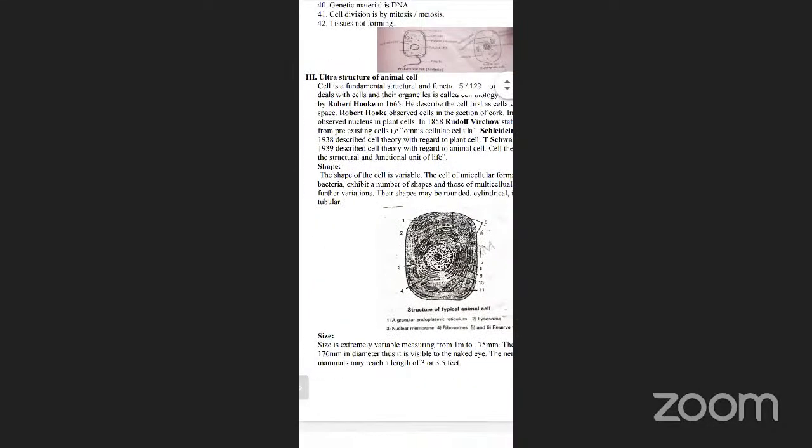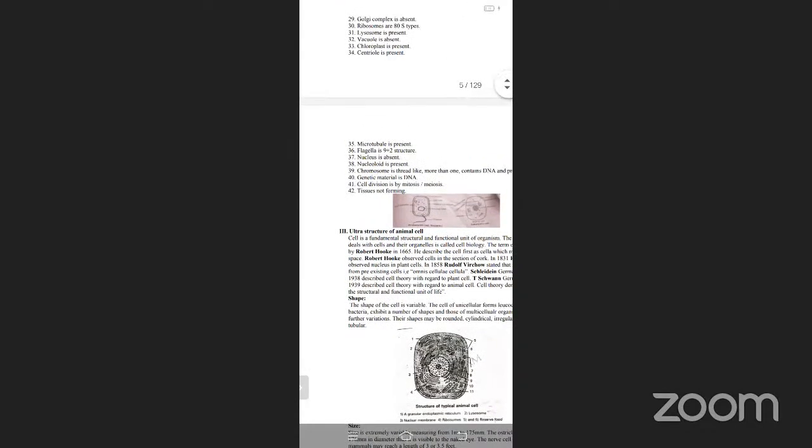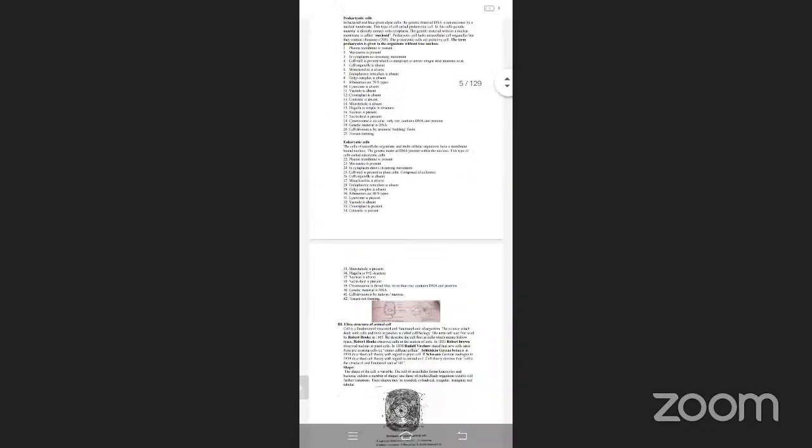What is the time now? No, sir, one. Today we don't have much time, so the session is now going to close. Tomorrow onwards we should attend at 12 o'clock and finish at 1 o'clock. Our session is 12 to 1.